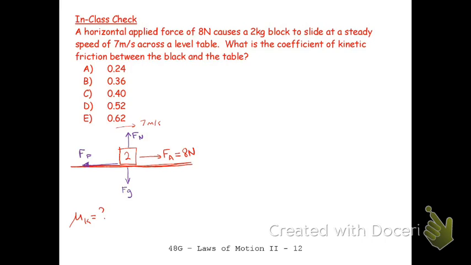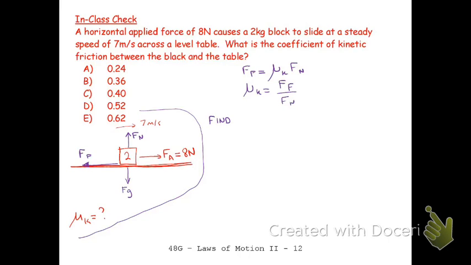And then I say, okay, let's try and solve this. FF is equal to mu k times Fn. I want to find mu k. Mu k is equal to FF over Fn. Okay. Find FF.